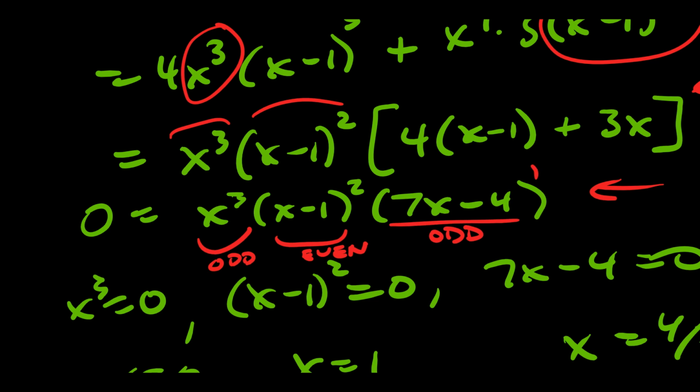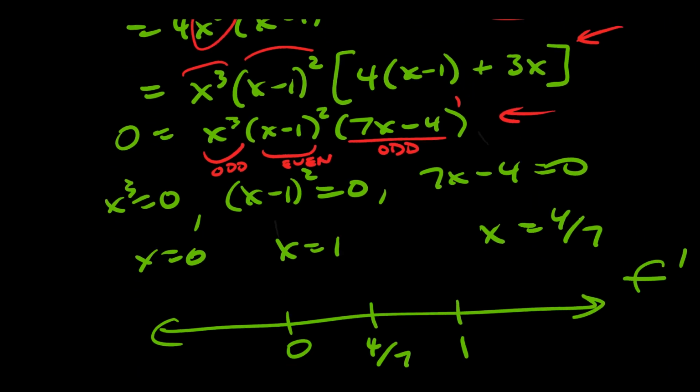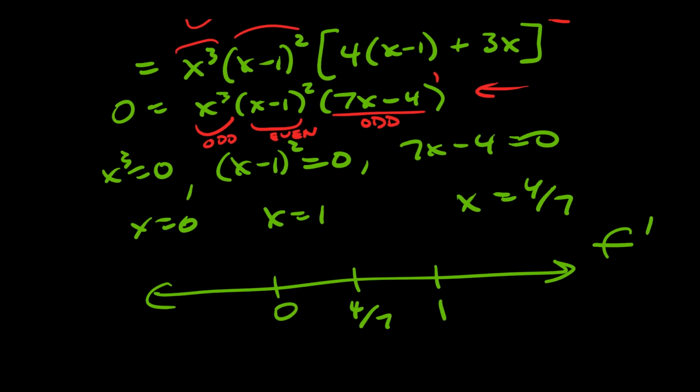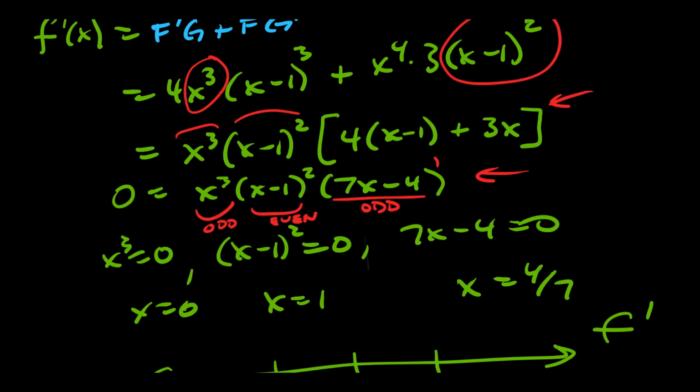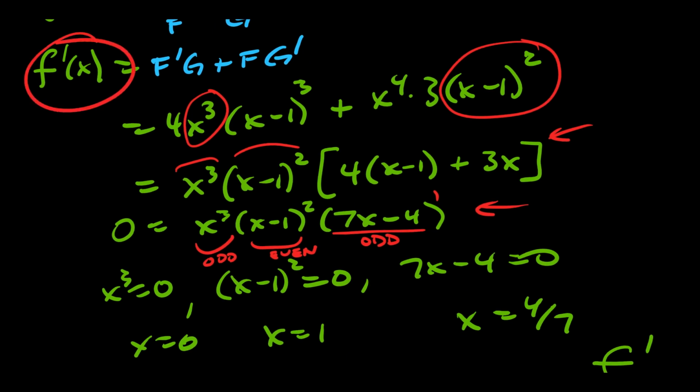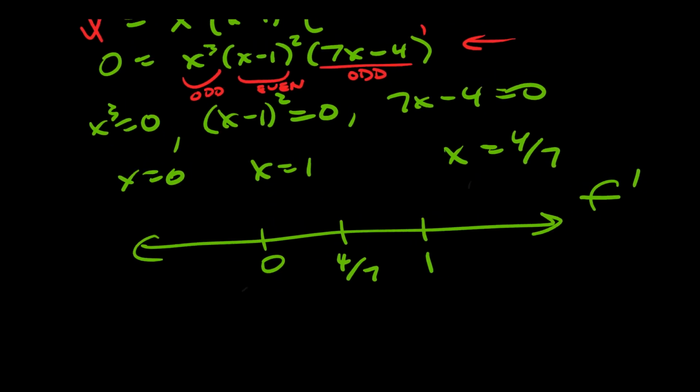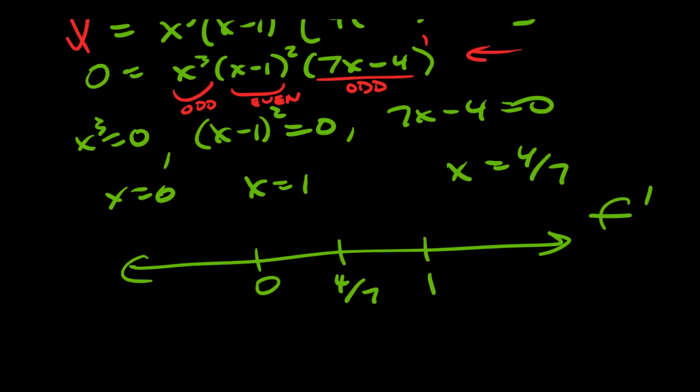If it's an even degree, it will not change sign around the root. These are the roots of the derivative, right? We set the derivative to 0. So around 1, it's not going to change sign, but it will change sign around 0 and 4/7.